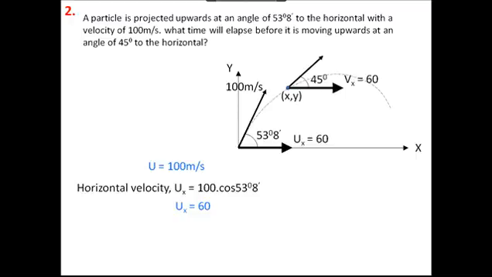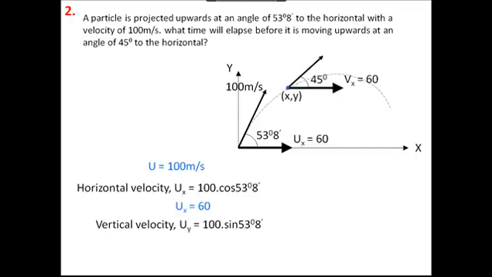And one fundamental thing we have to remember is that the horizontal component of the velocity of the projectile never changes. So even when the projectile reaches point x, y where the angle is 45 degrees, the x component of the velocity has to continue to be 60.